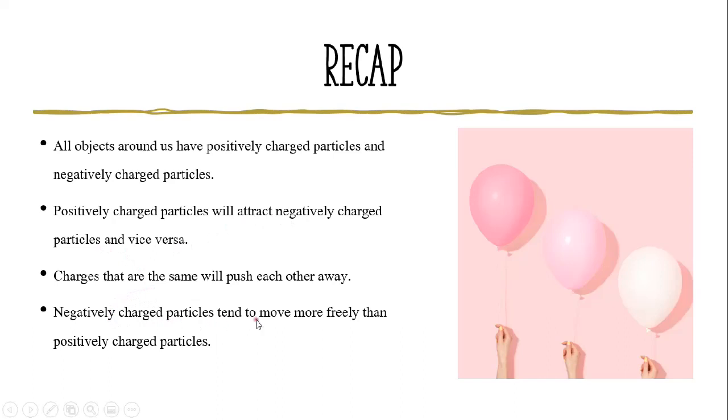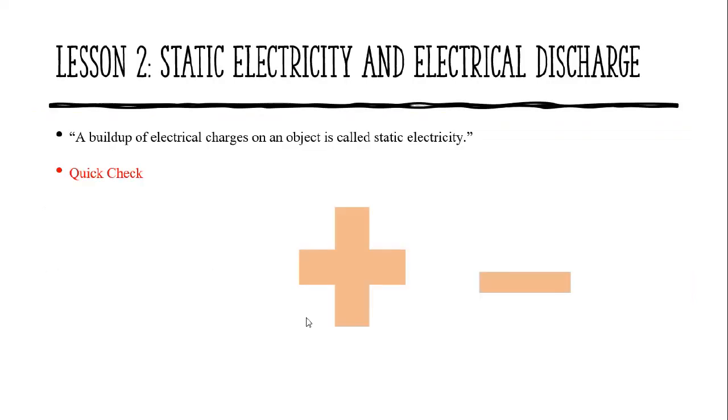Negatively charged particles tend to move more freely than positively charged particles. And once again, when you look at example 3 today, we're going to see this as well. So, what is static electricity? We started talking about static electricity in part 1. This is what caused the girl's hair to stand up.